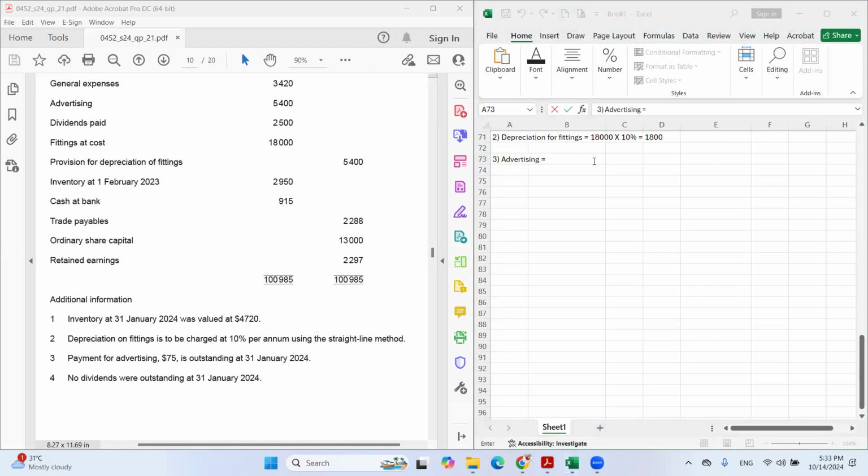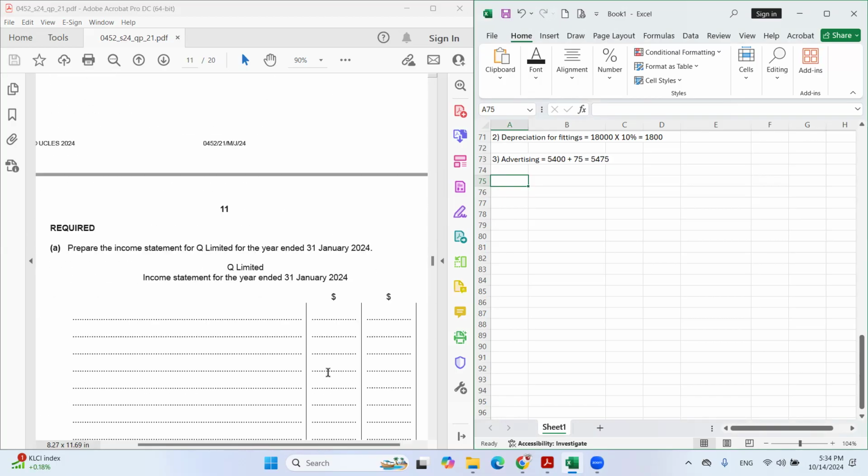So you put 5,004. End of the year, accrued have to plus, so you will get a total of 5,475. Okay, number 4, dividend, no dividend was outstanding. That means you don't need to do any accrual, just base it on the actual paid amount for the recording. Okay, let's see what other question they ask.